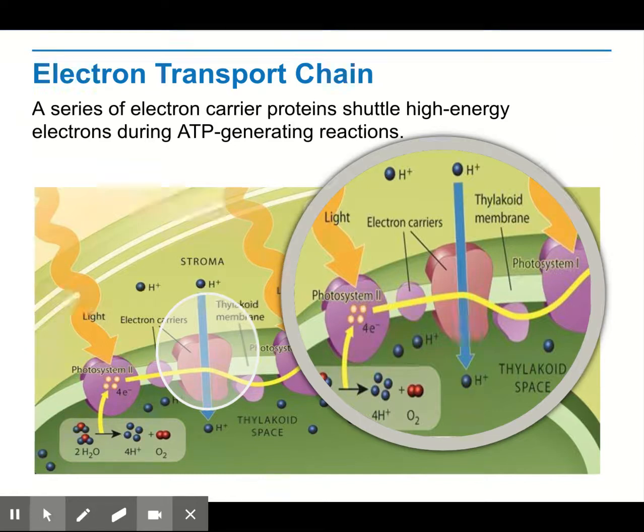The stroma, remember, is the fluid that's inside of the chloroplast. The chloroplast has fluid in it, but it also has inside of that fluid some disc-like structures that we call thylakoids. So this is basically taking hydrogen ions from the stroma inside the thylakoid.